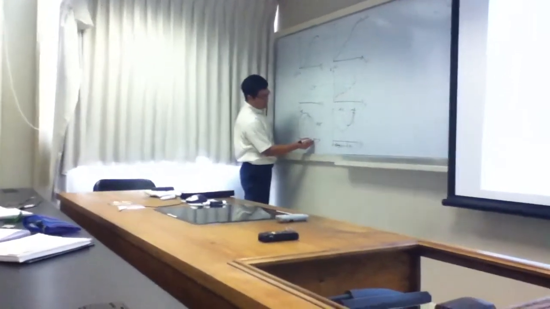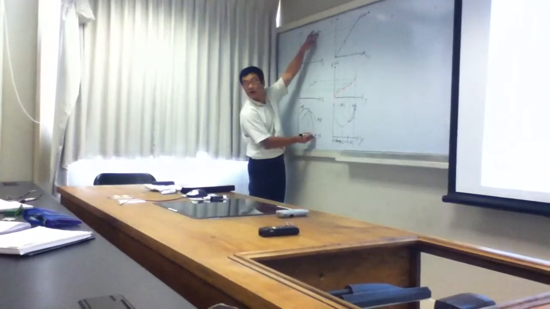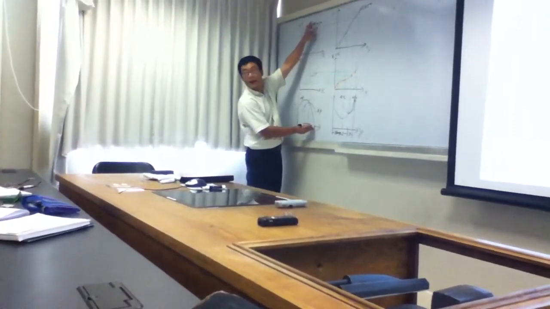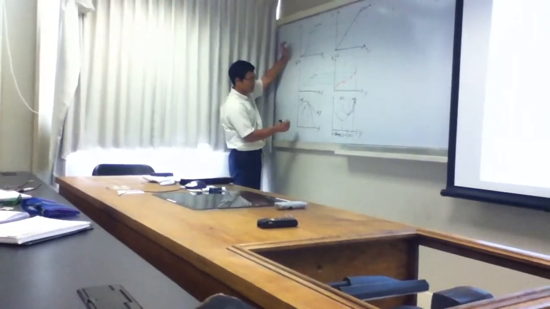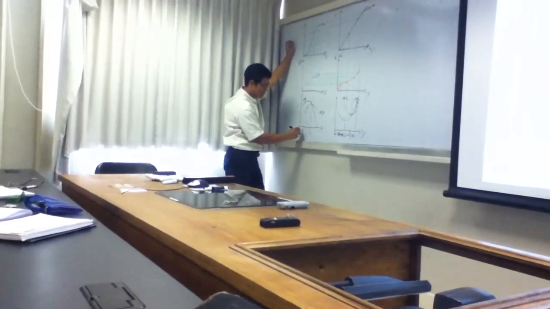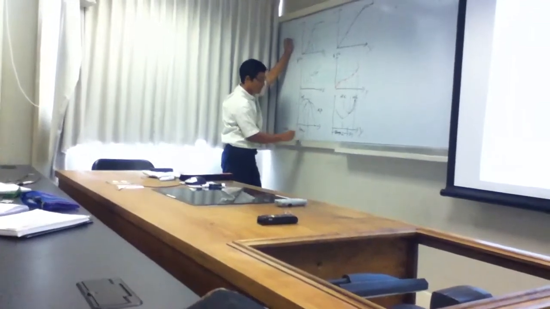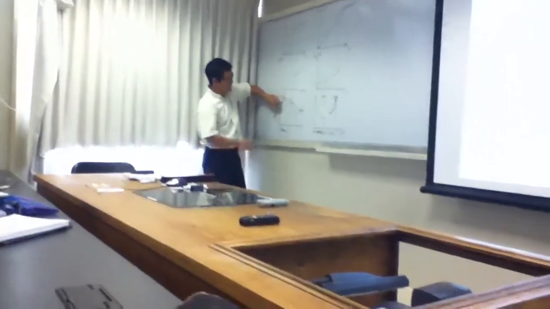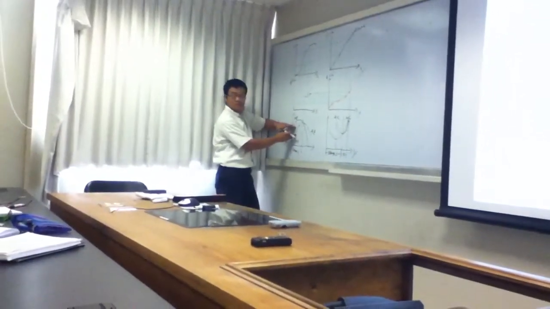Marginal productivity becomes 0 when I reach the maximum y. And this is stage 1, correct? Where marginal productivity is higher than average product.